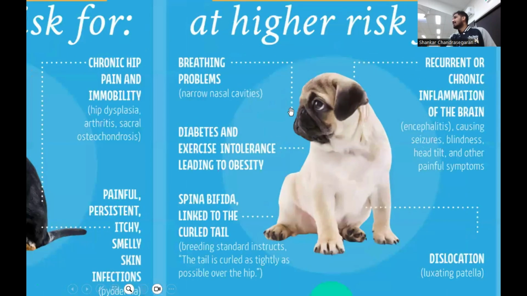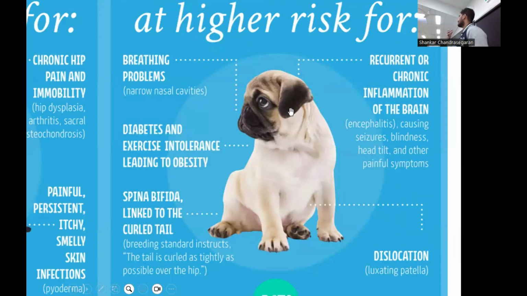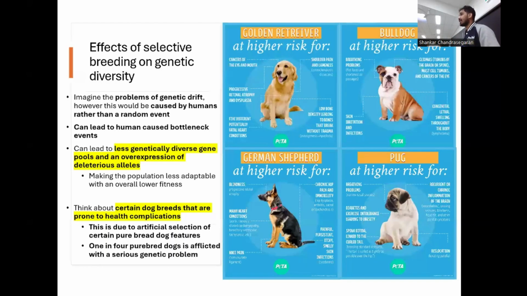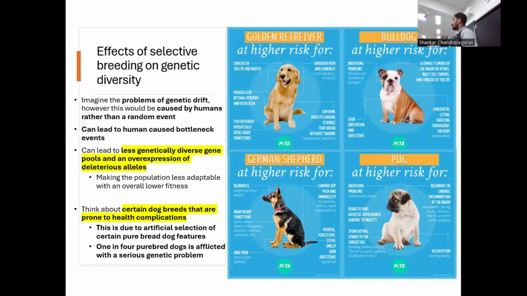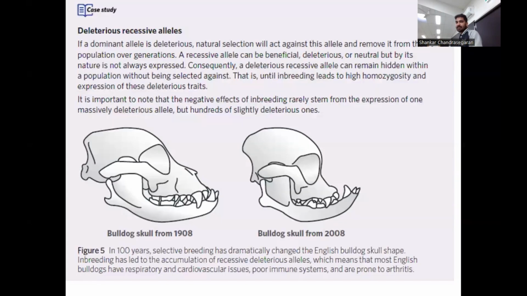So imagine what the original wolf skull looked like. The only reason why a pug's face looks like this is due to deleterious alleles being passed on, and also humans are selecting for it because we find it cute, so we are selecting for that trait, and that also means that more deleterious alleles are going to be passed on, right?